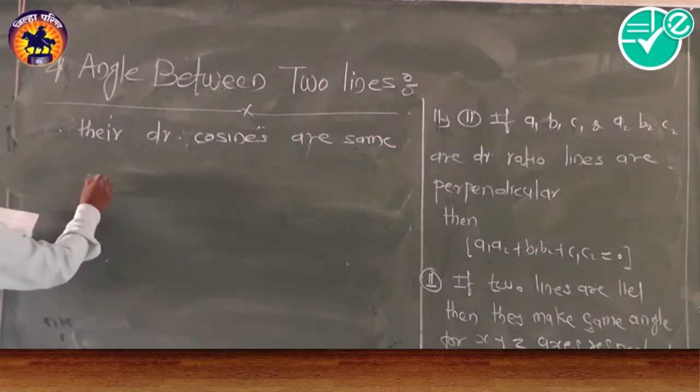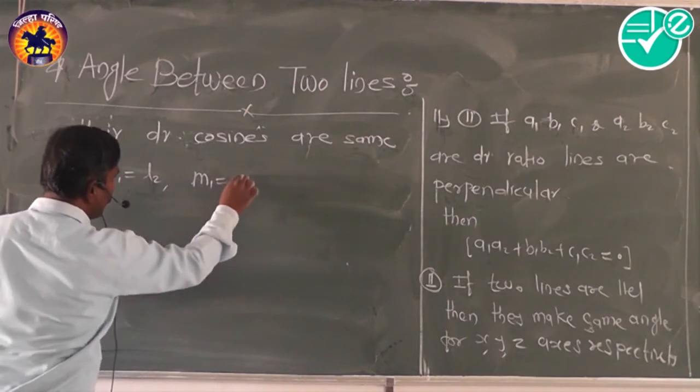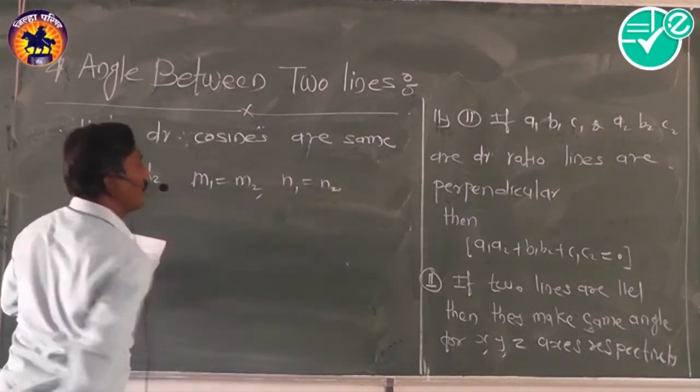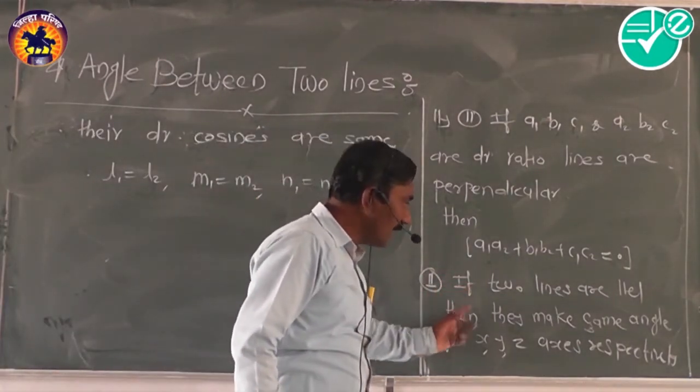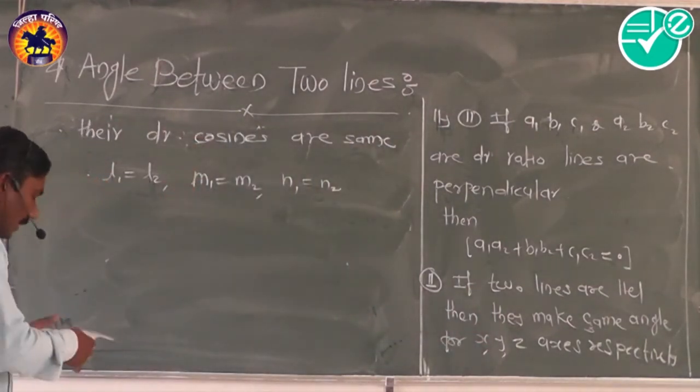That is, L1 is equal to L2, M1 is equal to M2, N1 is equal to N2. If two lines are parallel, then they make the same angle with the x, y, z axes respectively, then the direction cosines are the same.